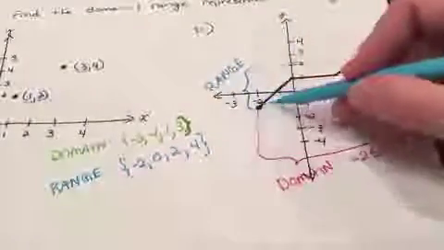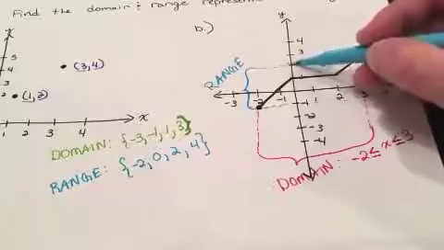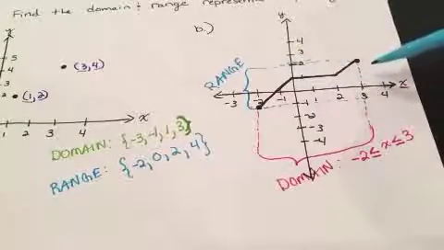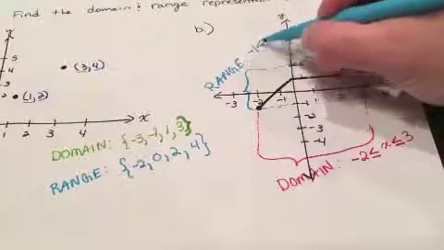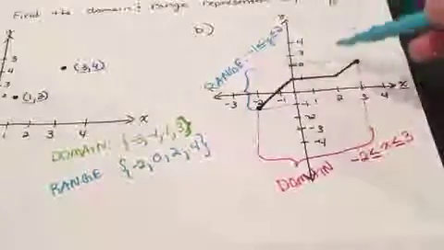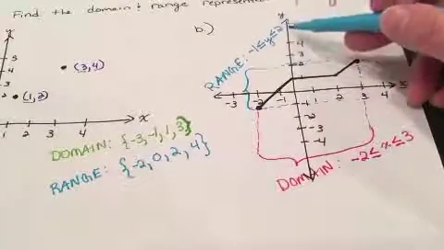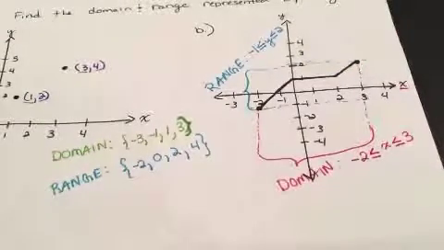The lowest point on my graph is at -1, and the highest point on my graph is at +2. So the range is -1 is less than or equal to Y, which is less than or equal to 2, because I have to use the Y values to represent the lowest and the highest on that range.